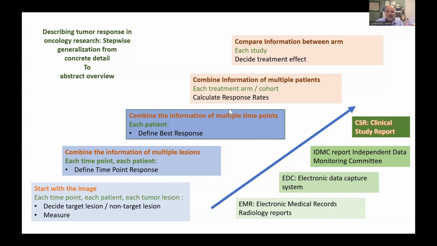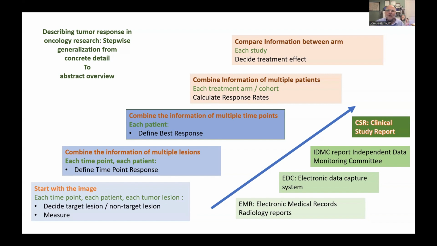But there are multiple time points for each patient. The next step of condensing the information is to come to one classification for each person. That is called the best response. Now, there are multiple patients in a clinical trial. Next, we combine all the information of the different patients for each treatment arm or cohort, if it's a dose escalation study.